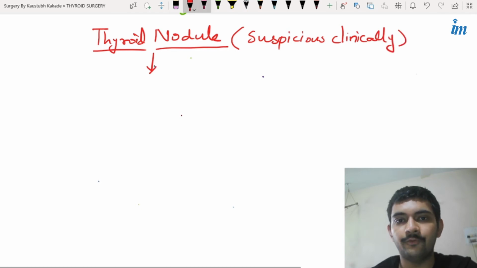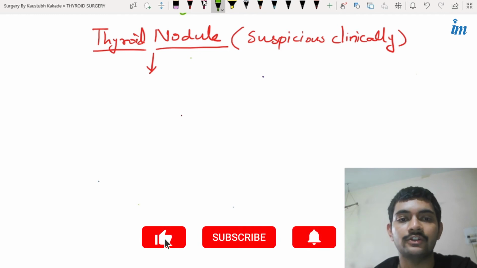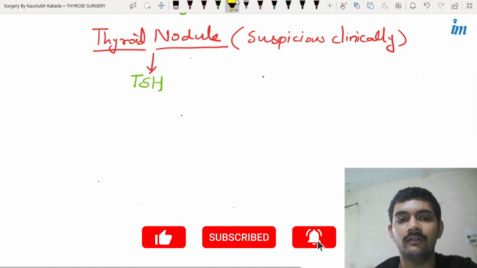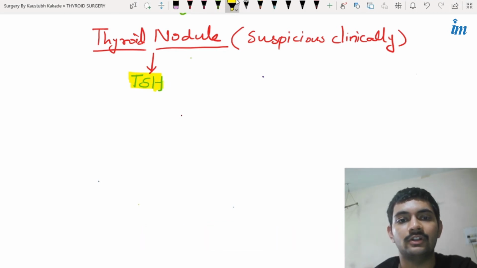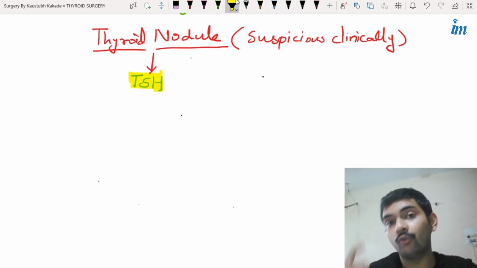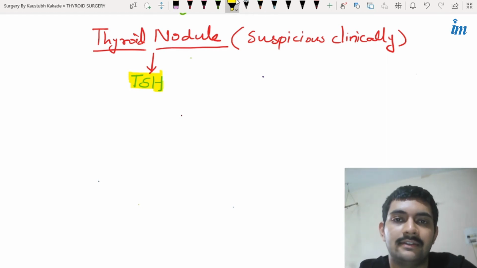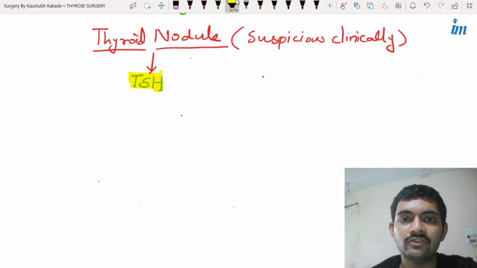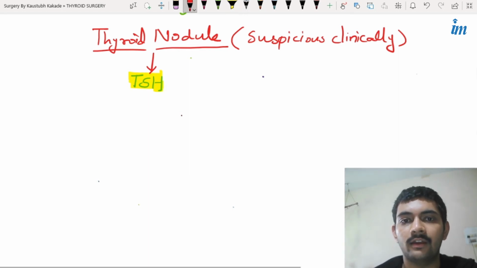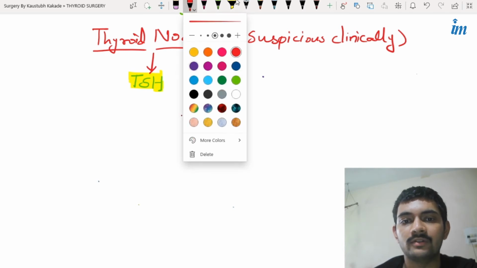The first test that you have to do is a thyroid function test, under which it is very, very important for you to identify the level of TSH. So you need to know what the TSH levels are in this case. Once you get the levels of TSH, there are going to be possibilities.